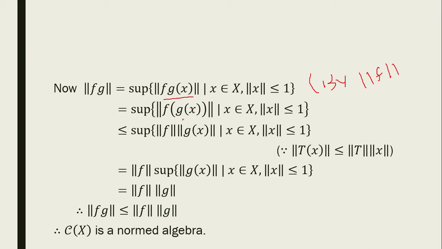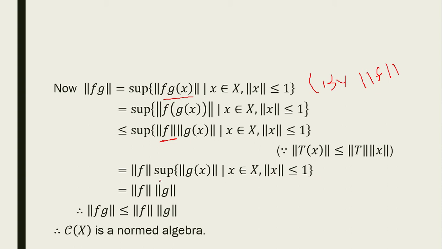This is less than or equal to the norm of F of X into the norm of G of X, because norm T of X is less than or equal to norm T into norm X. This is norm F into the supremum of norm G of X, where X belongs to X, norm X less than or equal to 1.